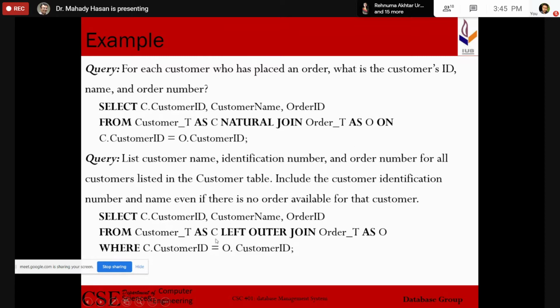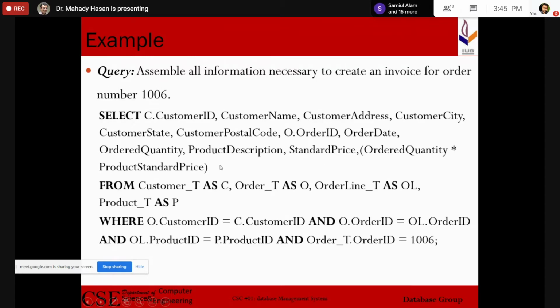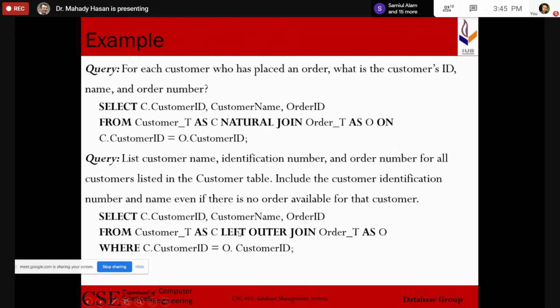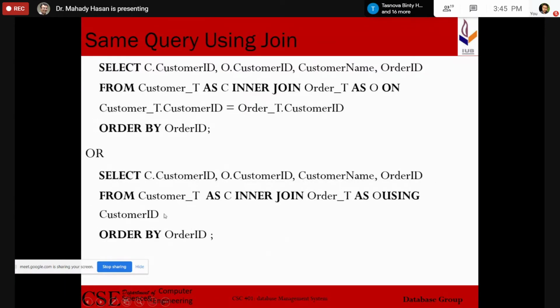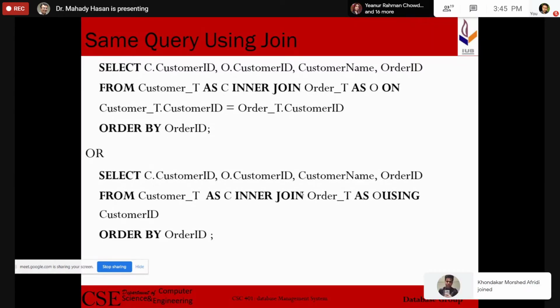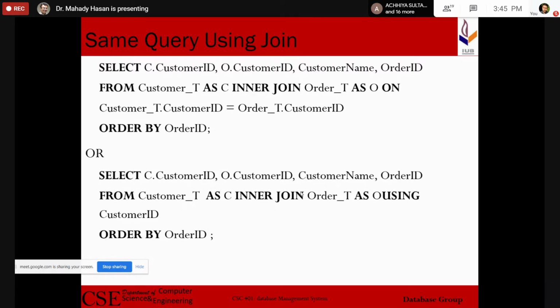I think that would be more appropriate, where we can use the where clause. So instead of simply saying join, we can keep the relations, and under the where clause we can have the join conditions.